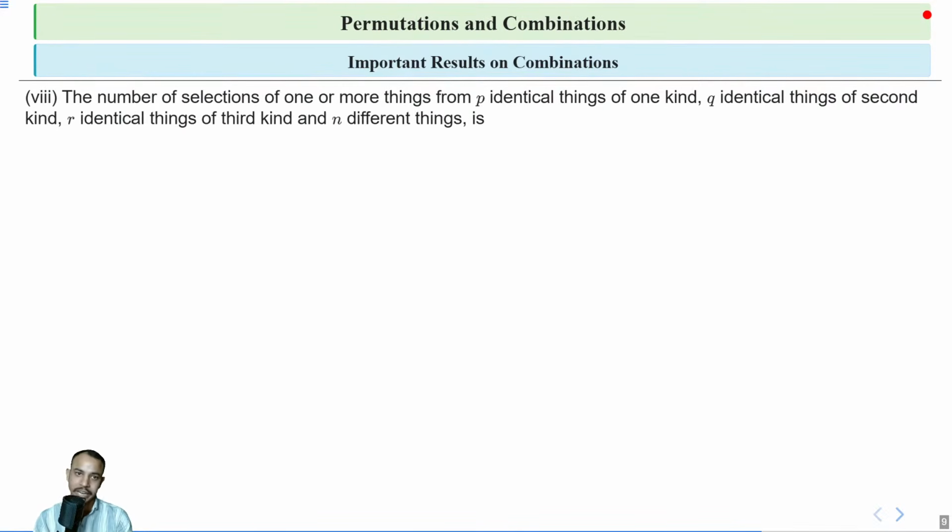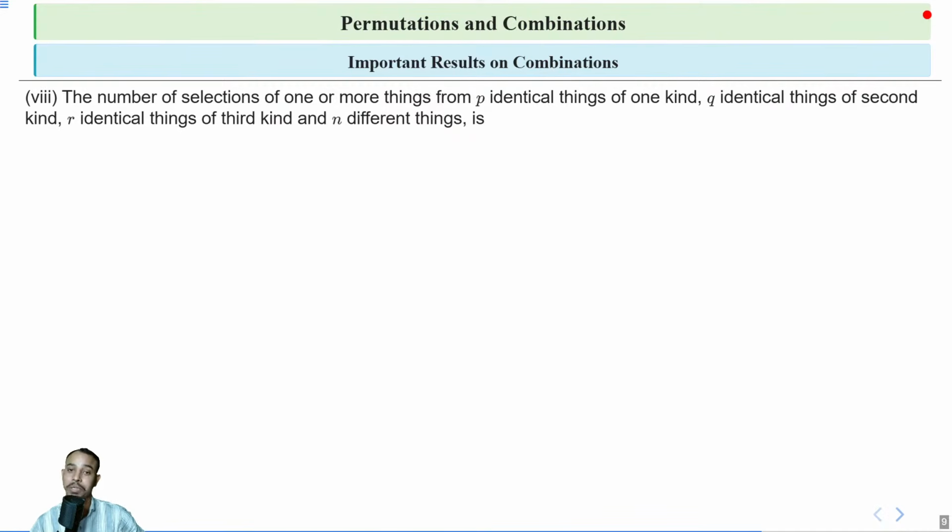Now see, eighth number important result, one combination. So you have p identical things of one kind, q identical things of second kind, and r identical things of third kind. And you have n different things. Clear? So you have to find the number of selections of one or more things from these.